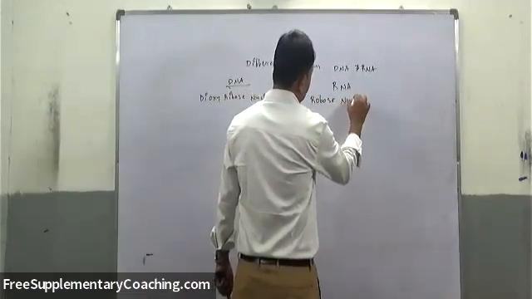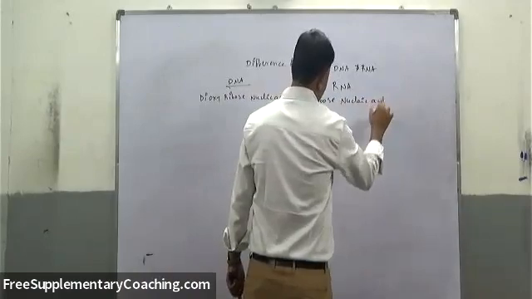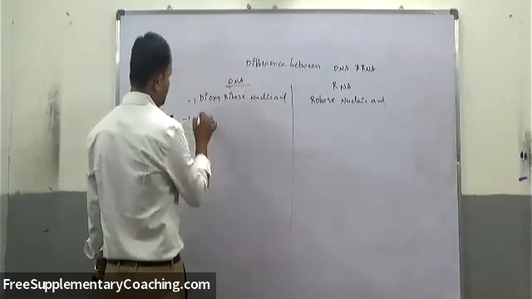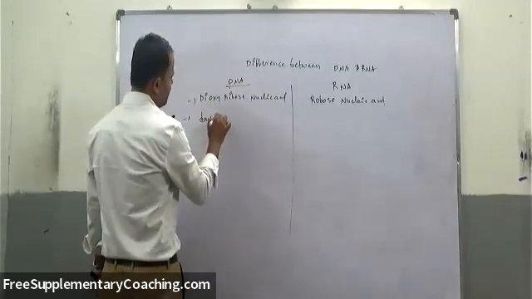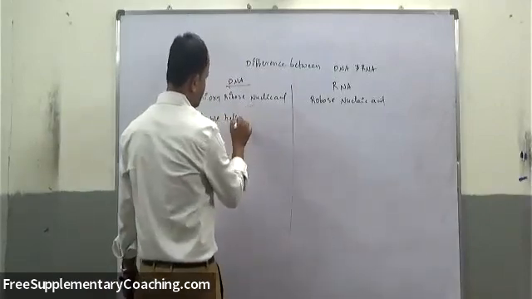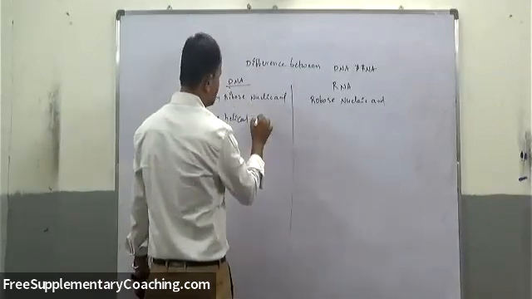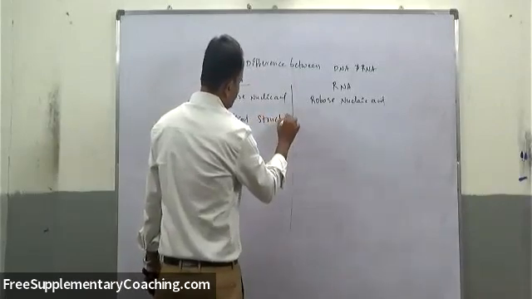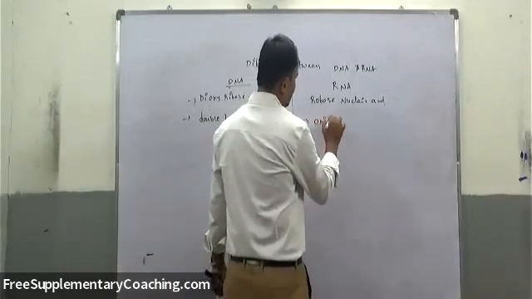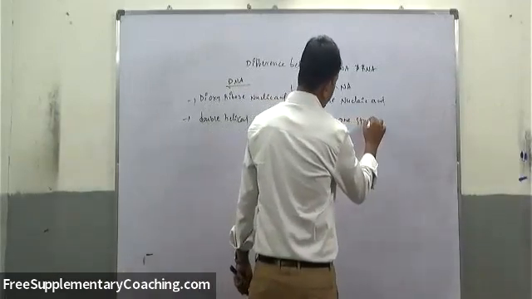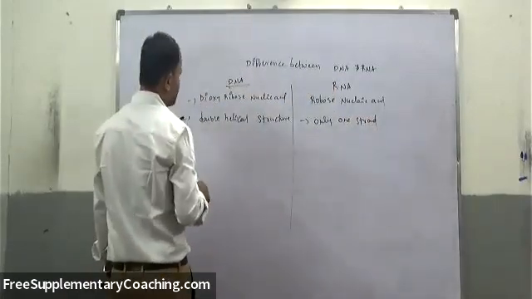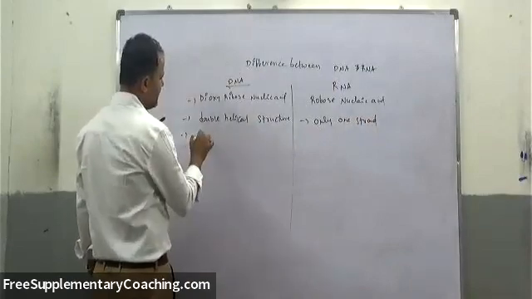How many strands does DNA have? DNA is double stranded, double helical or double helix structure. RNA has only one strand.